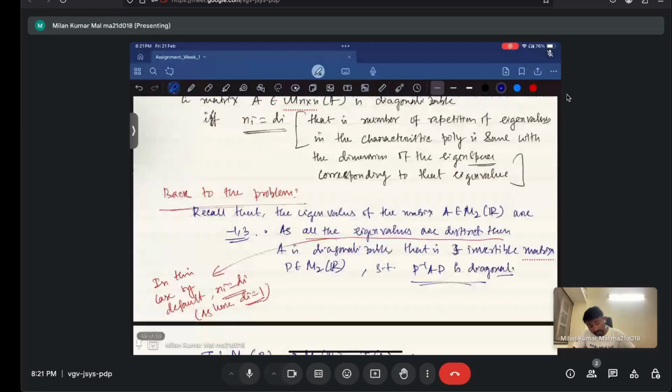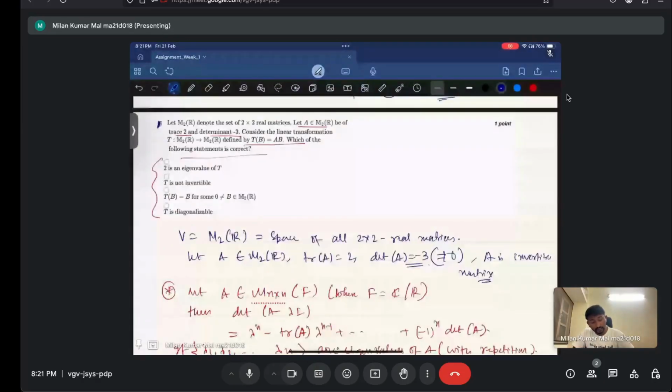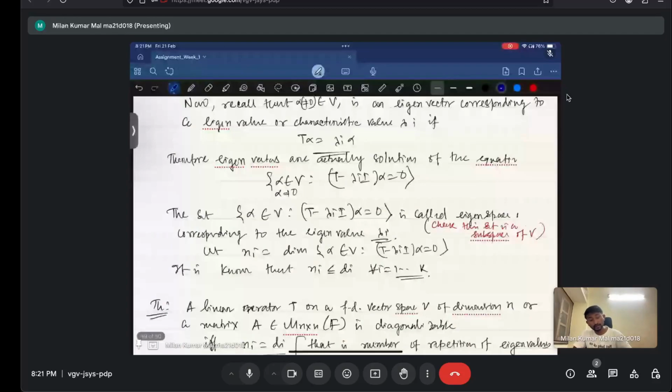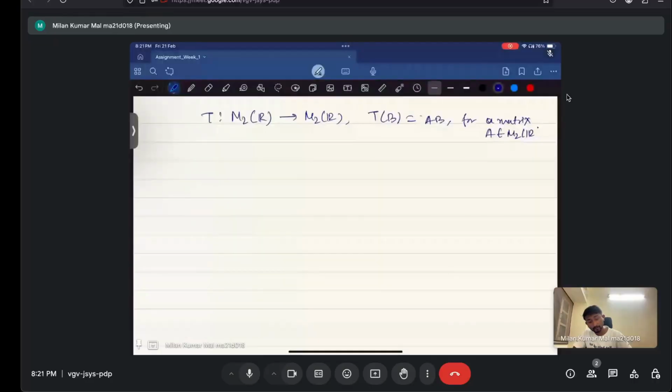A is the fixed matrix, and TB equals AB, that is, left multiplication, for any matrix B in M2.